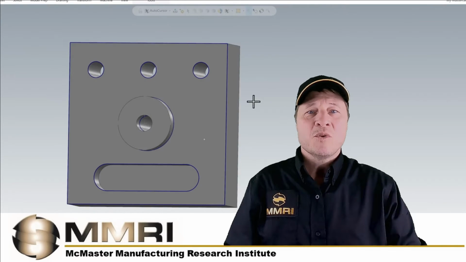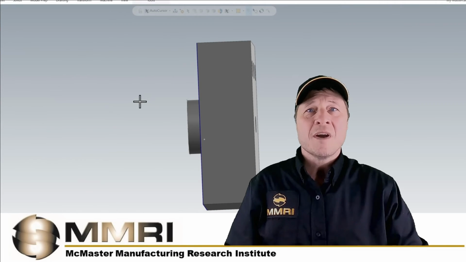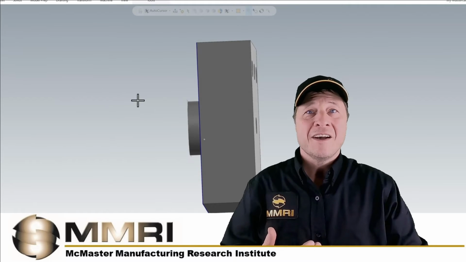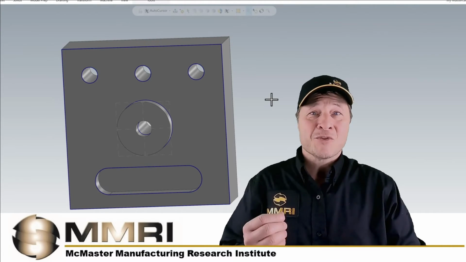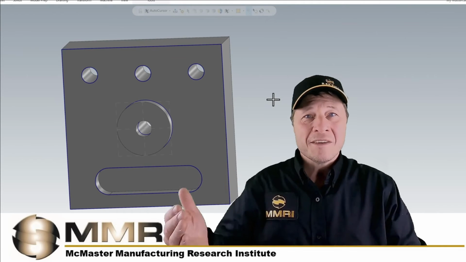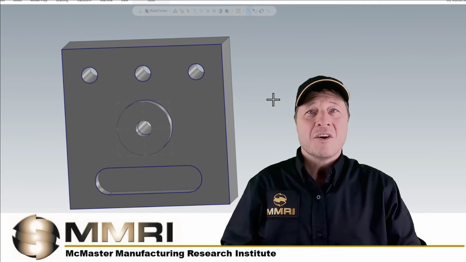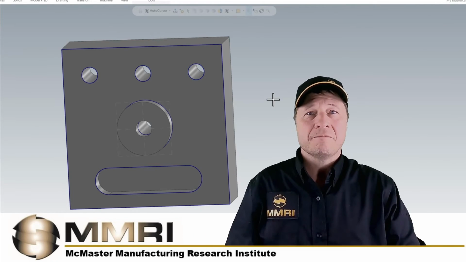If we rotate this direction, we are now looking at the right side view. It is on the right side of the front view, or it is the right side relative to the front view. These are the three main views of orthographic projection.